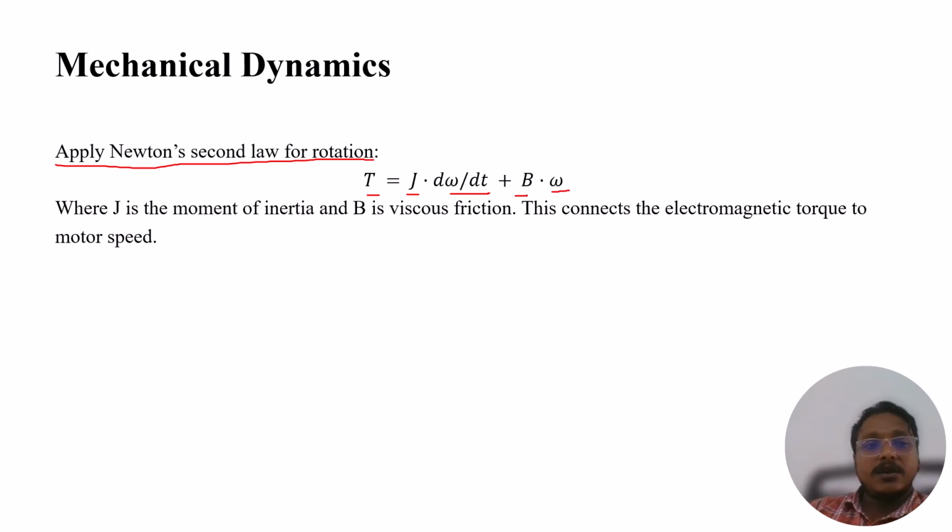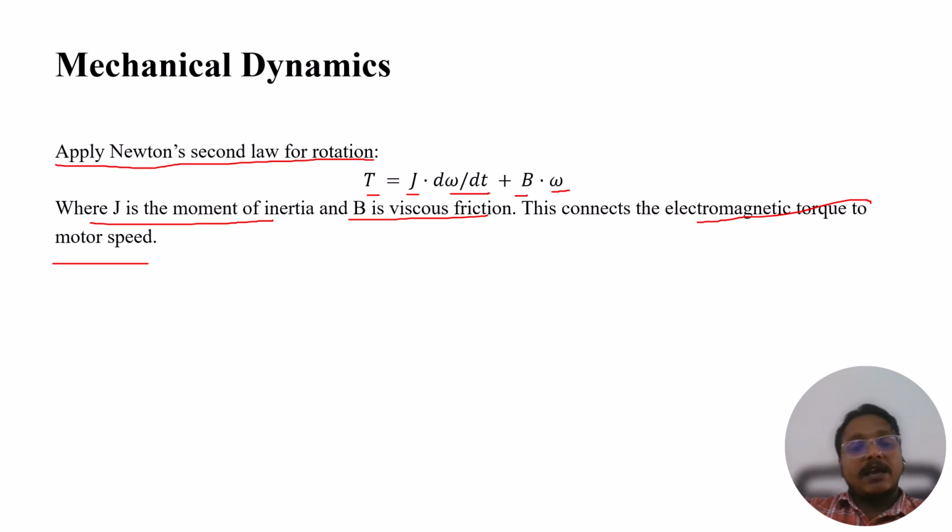Here J is the moment of inertia and B is the viscous friction. This connects the electromechanical torque to the motor speed, which is very important. Now the torque is connected to the speed equation, so it is a mixture of electrical and mechanical components.